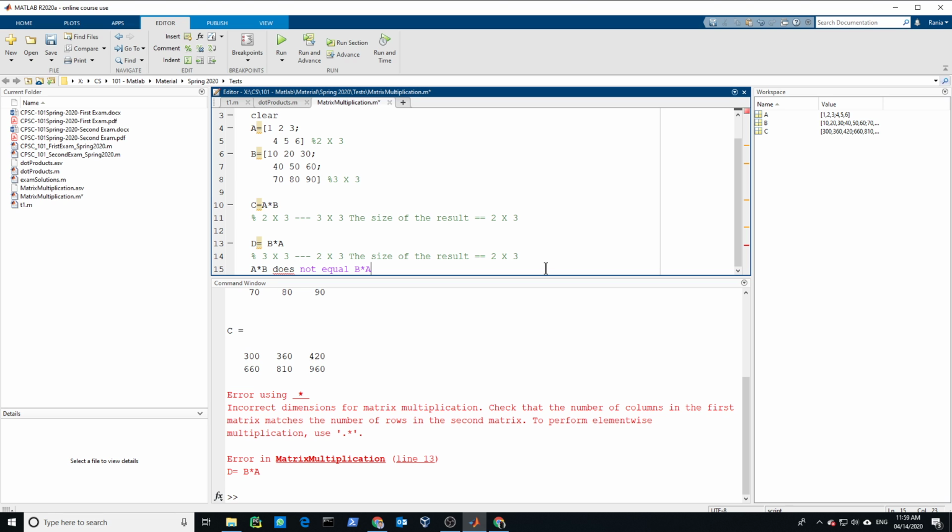This only applies to square matrix multiplication.